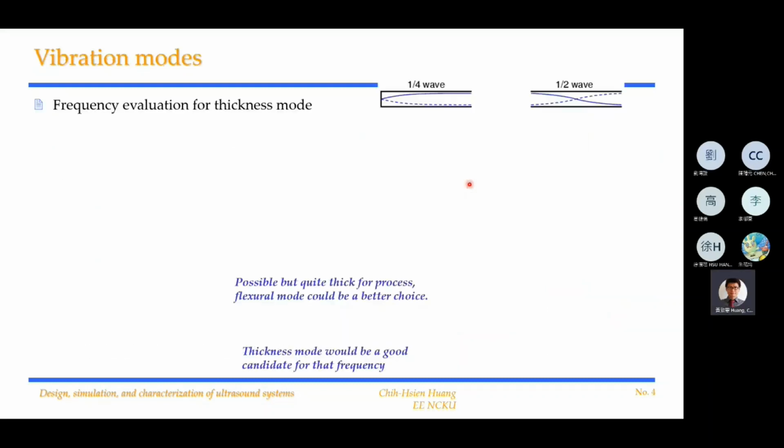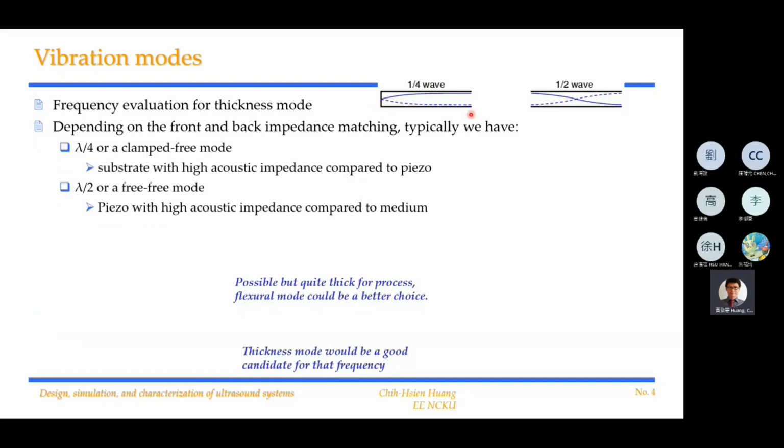So for vibration modes, let's have a quick review. If we have a piezo material itself, and one end is fixed and the other end is free, usually the resonant frequency corresponds to a quarter wavelength.